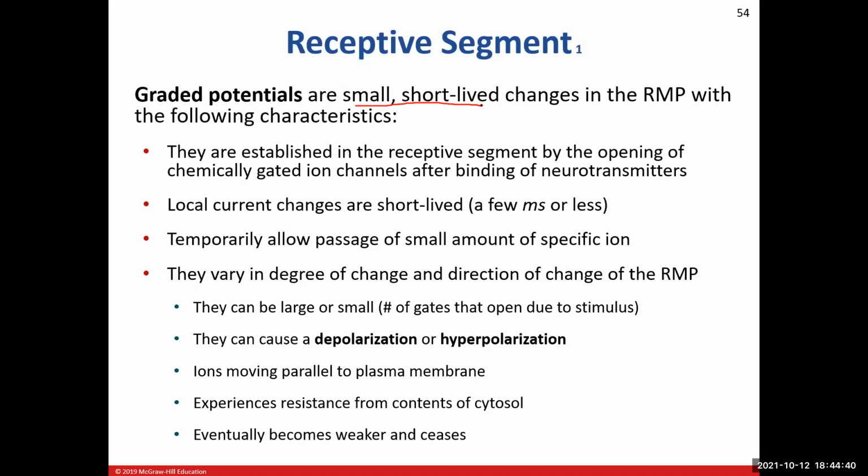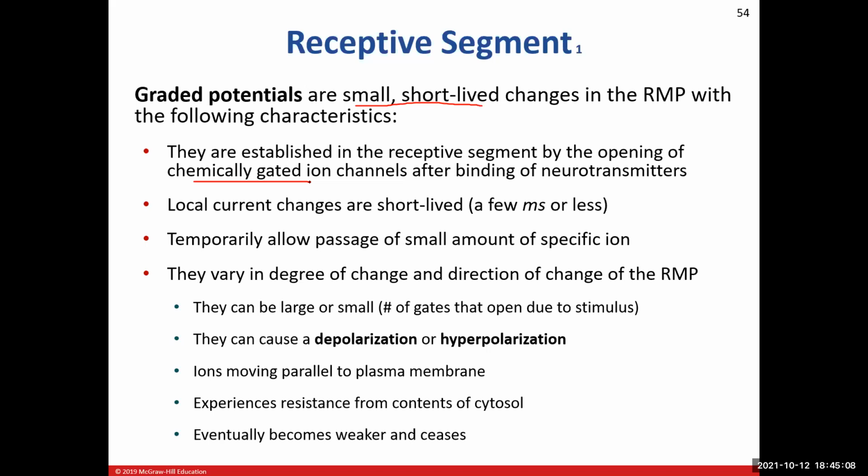So how we start to generate these graded potentials is when we open these chemically gated ion channels that are found in the dendrites and in the cell body. A presynaptic neuron is going to release its neurotransmitters onto our postsynaptic neuron. And the postsynaptic neuron has these chemically gated ion channels, which are normally closed.